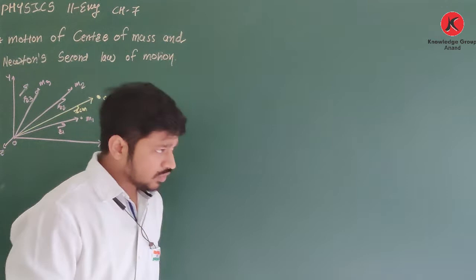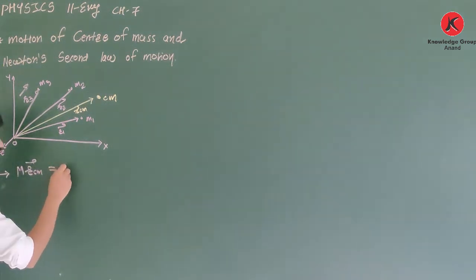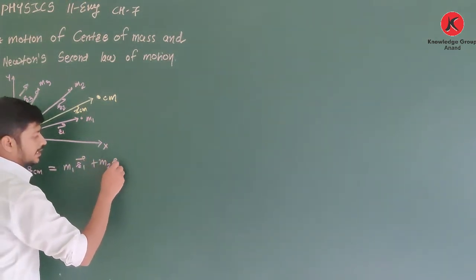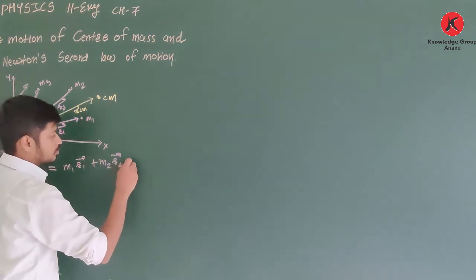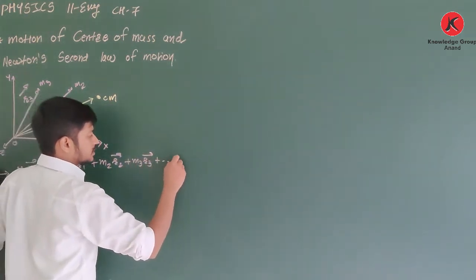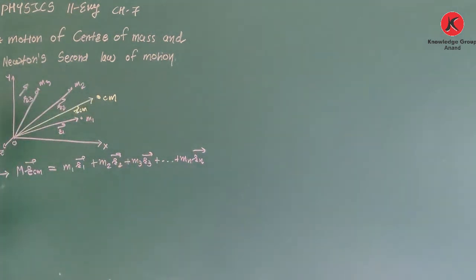In the last lecture we obtained one equation: M r center of mass is equal to m1 r1 plus m2 r2 plus m3 r3 plus so on, up to mn rn. This is the equation we derived in the last lecture.